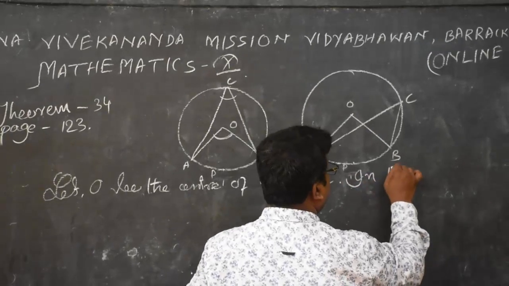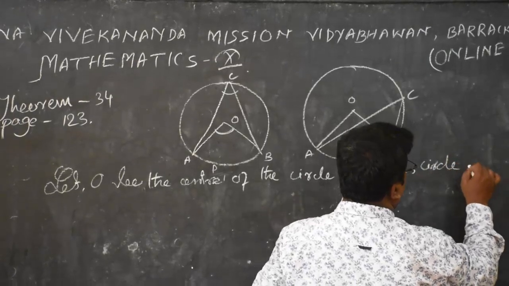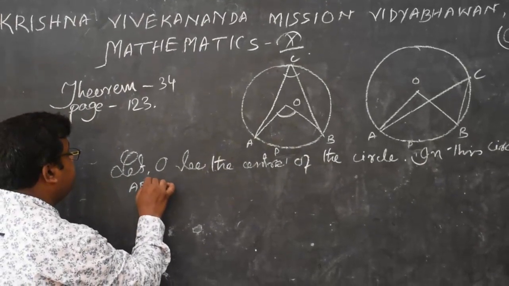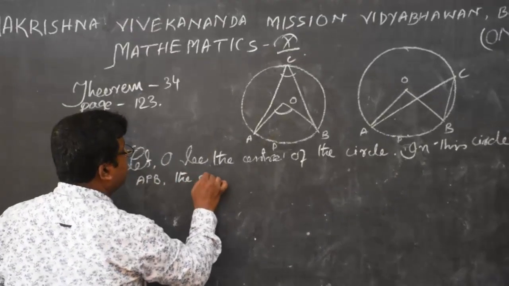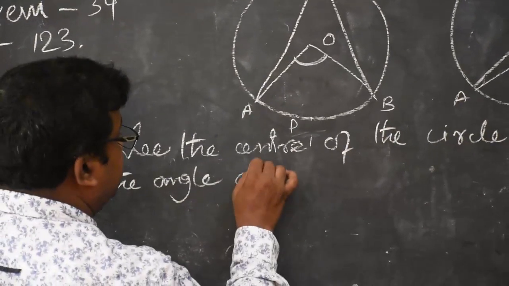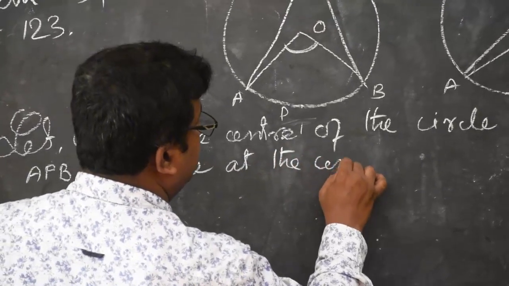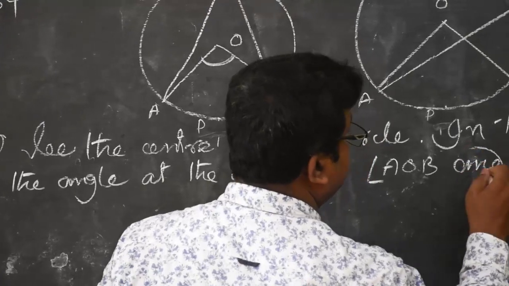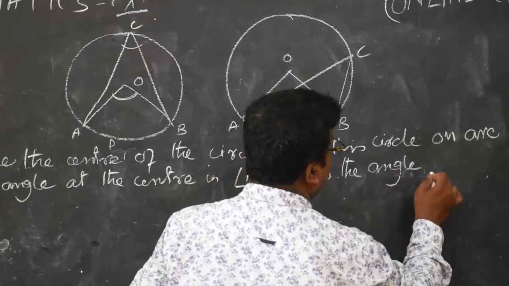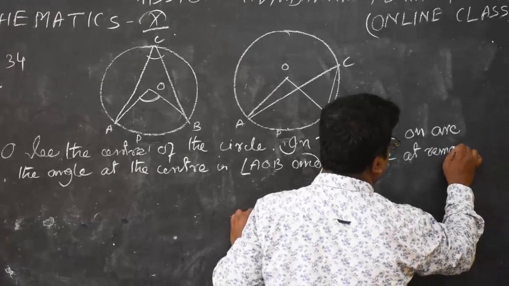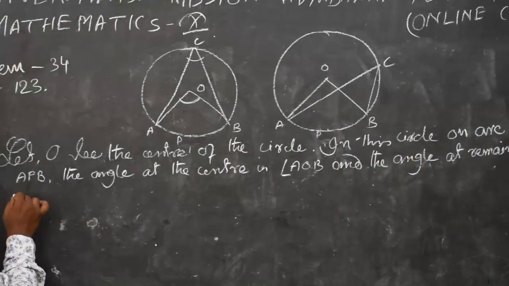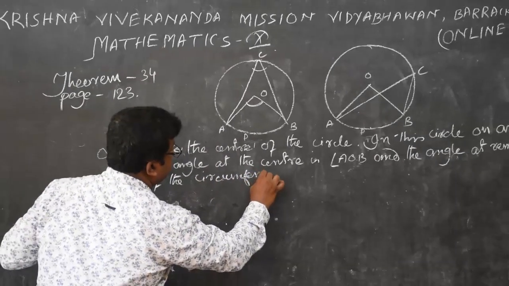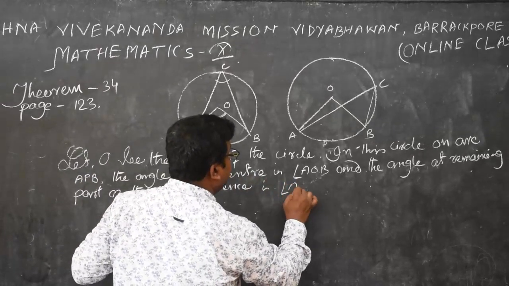In this circle, on arc APB, the angle at the center is angle AOB, and the angle at the remaining part of the circumference is angle ACB.